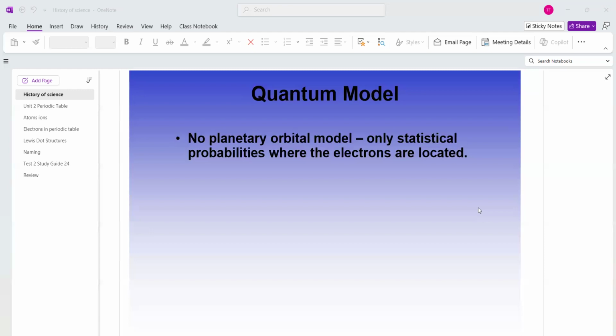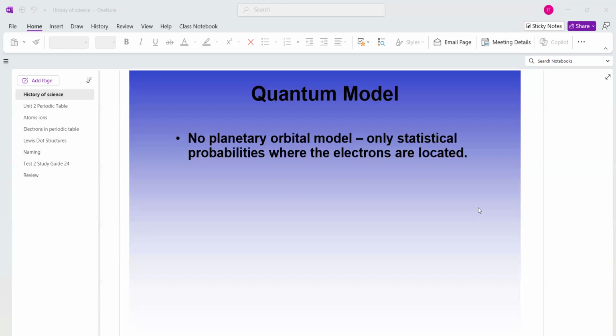Now some of the clouds are similar to the Bohr model. The clouds kind of simulate a planetary orbital, but not that the electrons go around it; rather, they can be found in this area. And outside of these orbitals, the chance of finding an electron is positive, not zero.